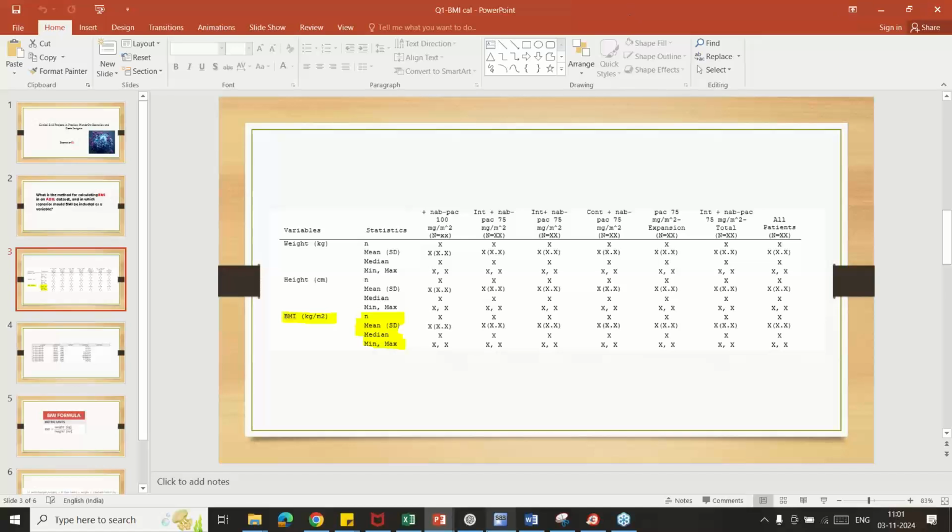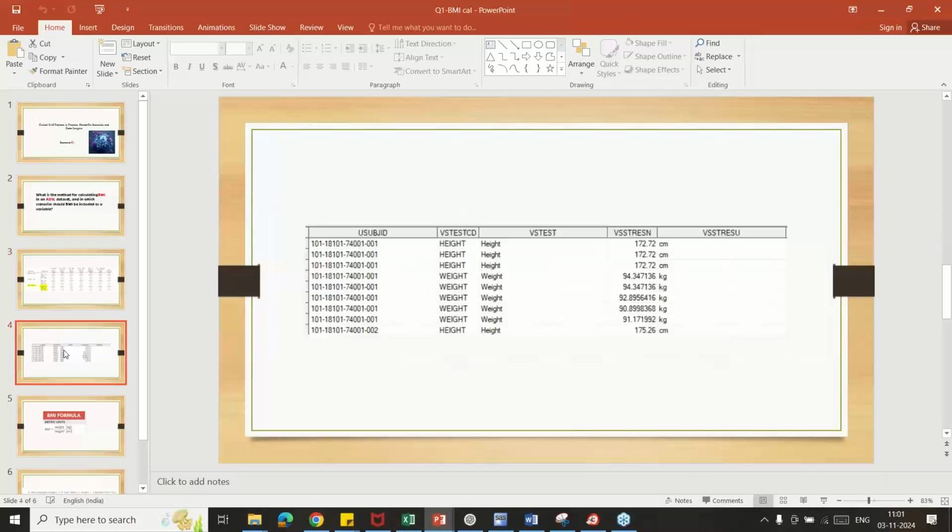Most of the time, height, weight and BMI information you can find in the vital signs dataset. Here you can see the standard variables for that information: VSTEST, where we can see the height and weight, and VSSTRESN is the standard numeric result variable, and VSSTRESU gives the units for the particular parameter, meaning the test information units.